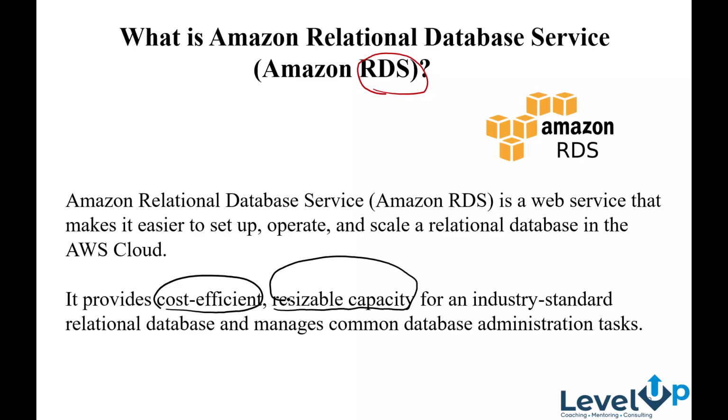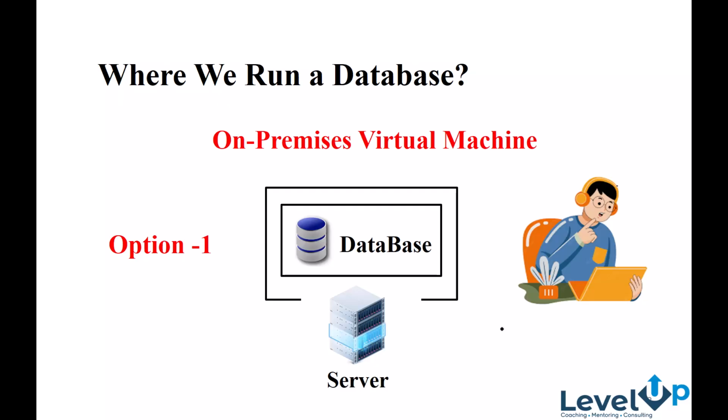There are a lot of administrative tasks that we'll see in a few minutes, but all those tasks are managed by AWS itself, so that it is very easy for us to concentrate on developing the database rather than worrying about whether the database is available or not. That is one of the reasons why we use Amazon RDS.